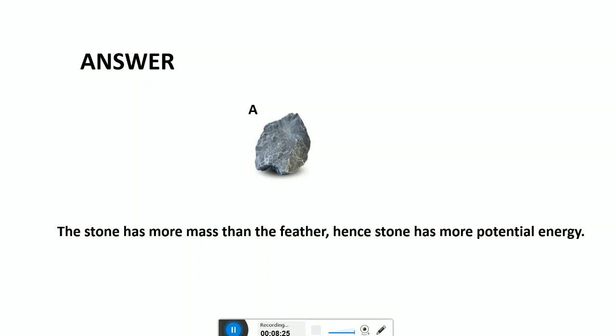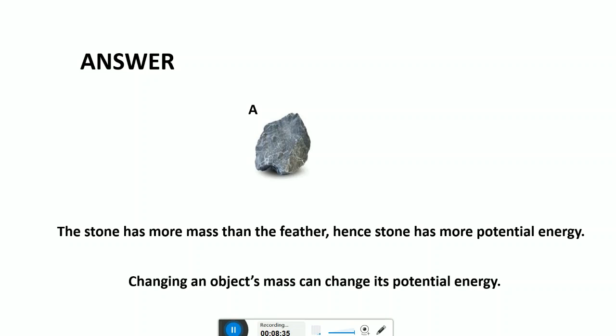And the answer is object A, that is the stone has more potential energy, because we know that the stone has more mass than the feather, hence it has more potential energy. It means changing an object's mass can change its potential energy.